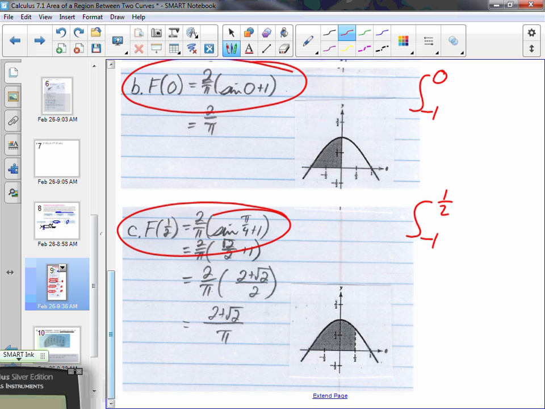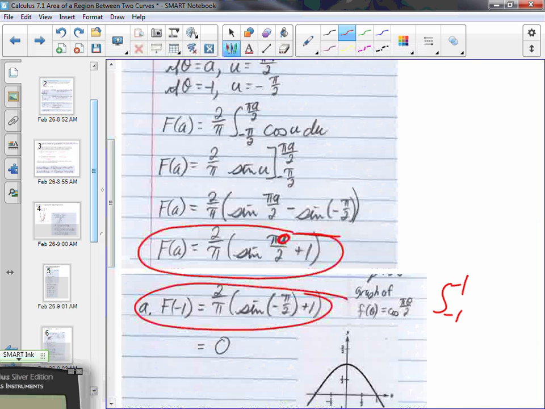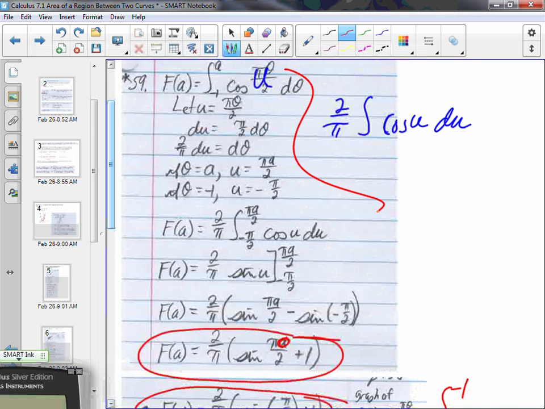That's right. Because to find this shaded area right here, we could have done this instead of that. But doing this would have meant doing all that. Okay?